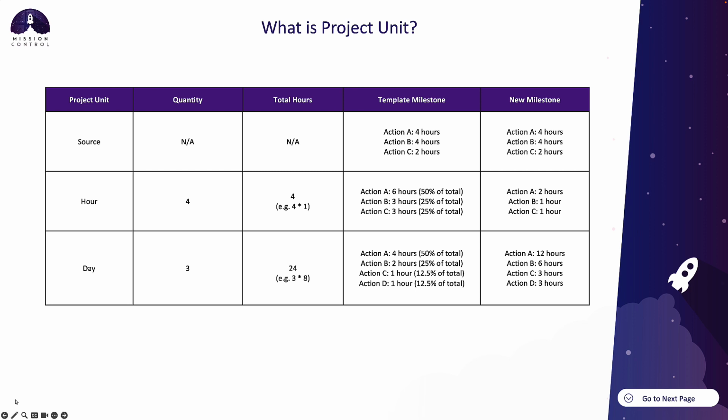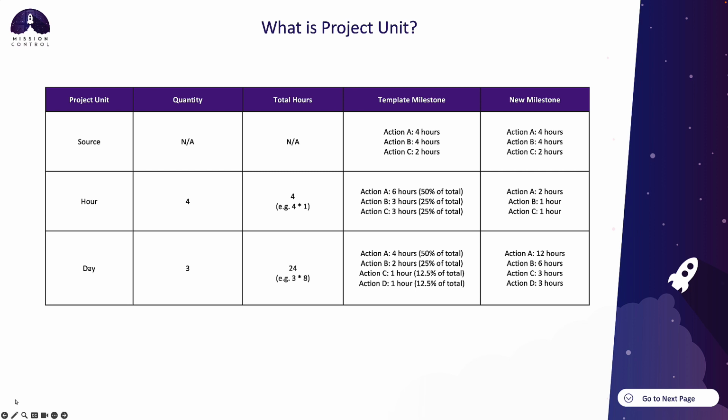Similar to the hours value, we've got a days value, which works quite similarly, except the total hours are calculated a little bit differently. The quantity value you specify on the opportunity line will be the number of days. So if we specify 3 days, it's going to multiply that by 8 hours in a regular working day and give you a total of 24 hours. Those 24 hours will be distributed amongst the actions of the new milestone based on the weightage of the actions on the template milestone.